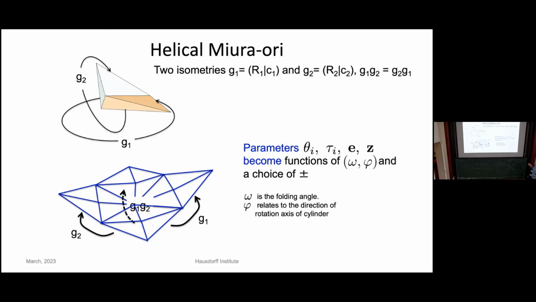So those all become useful parameters in doing this calculation. And there was also the choice of plus or minus. That was also in the original calculation of the uniformity. And in the end, you still have two free parameters, the omega, and there's a second free angle, which I'm not going to try to describe.